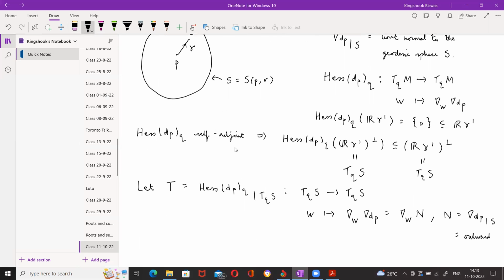So this operator on the tangent space of the sphere is what is called the shape operator of the sphere.